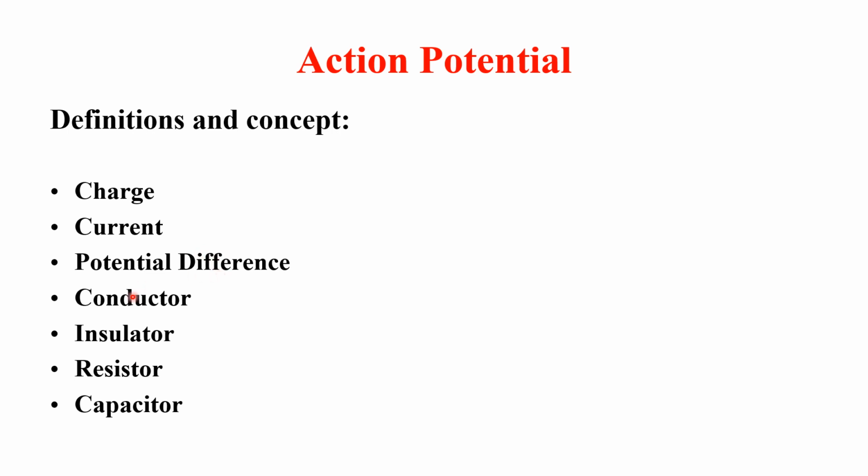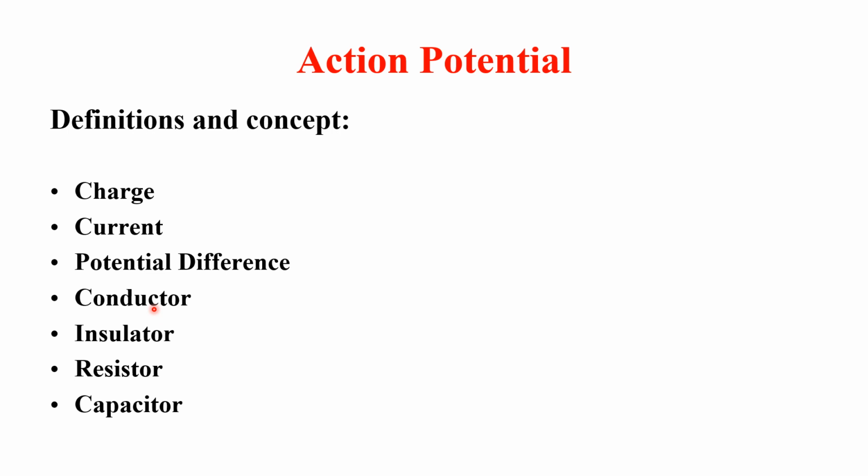Then we know there are conductors. Conductor is any substance that can conduct electrical potential or electric current, and this conductor we know have conductivity. That conductivity is the ability of matter to conduct the electric current, and we know there is no ideal conductor, and every conductor poses a resistance when electrical current passes through them.